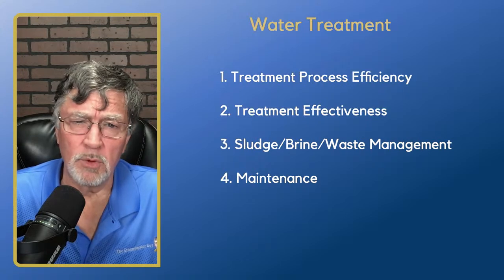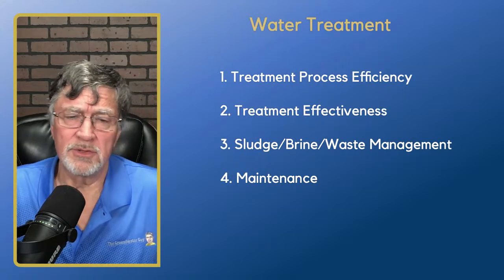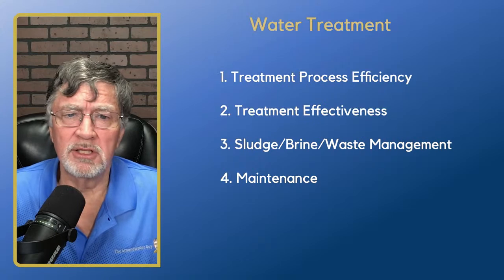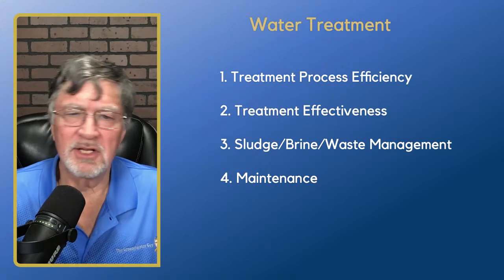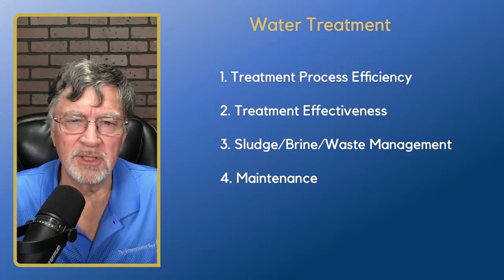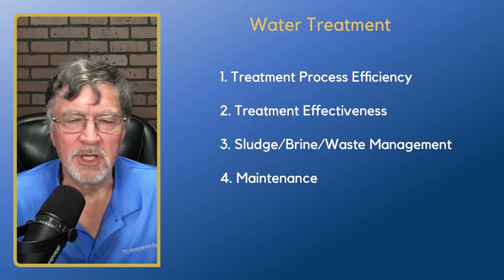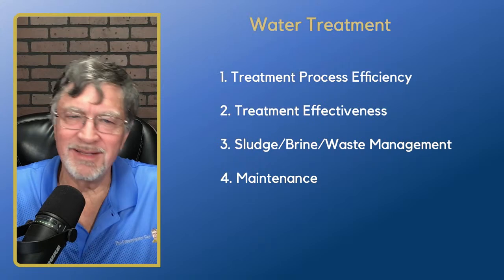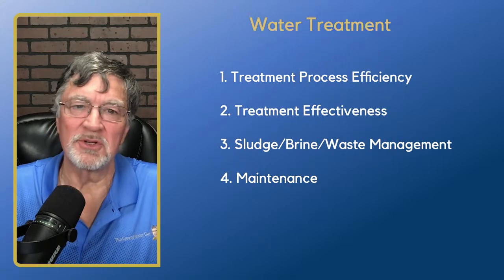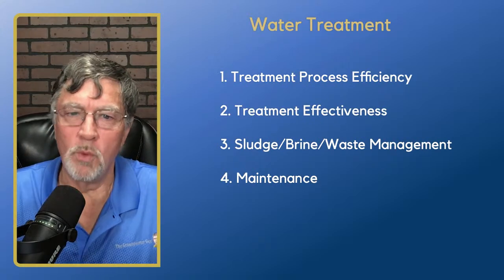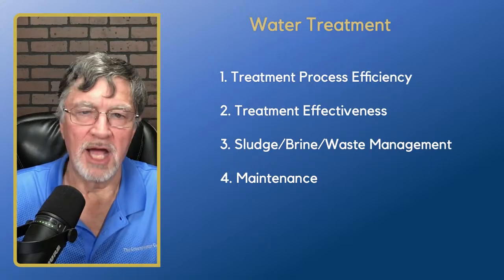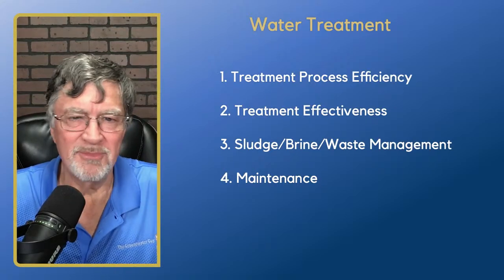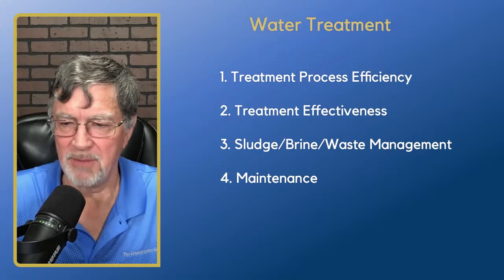Is there something going on with our water quality that's causing our RO system to be loaded up? And you can extend this to other types of treatment. If you have a green sand filter, how often do you have to backflush? Depending on your treatment system, it's going to be highly variable what types of KPIs you're going to use. So I'm just throwing out some general examples here.